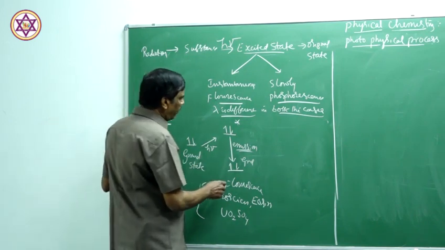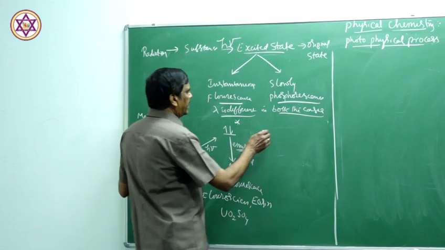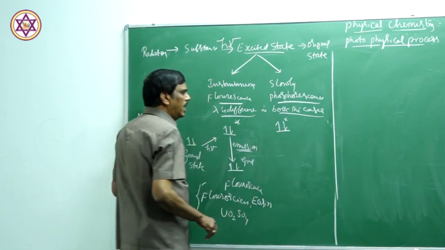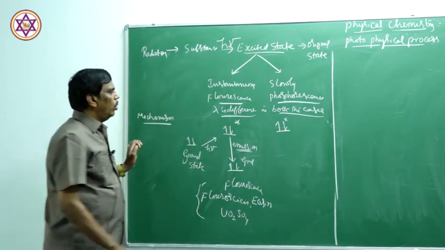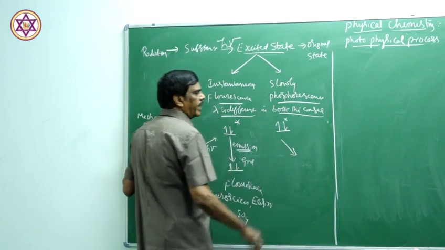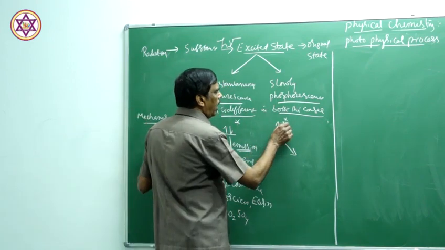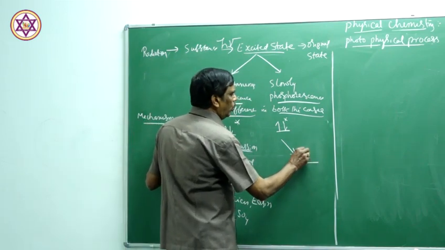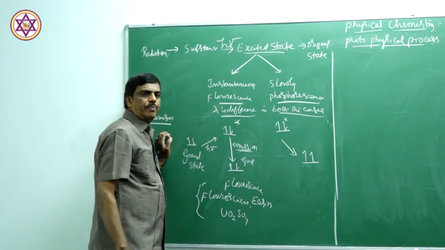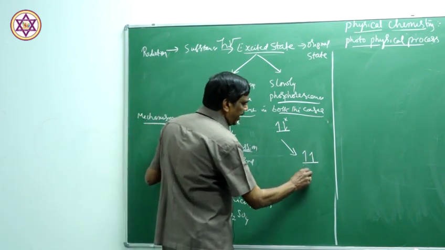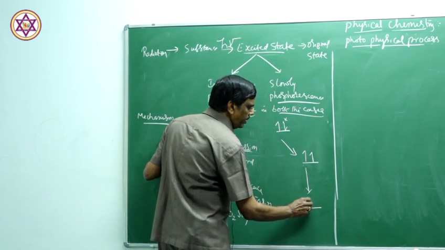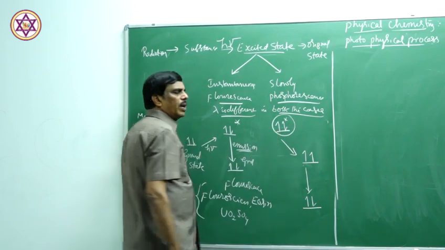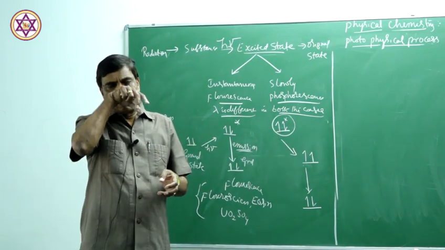Whereas, in the case of phosphorescence, the excited electrons undergo a change in their state. The spin of the electrons changes to the same spin, and again the spin changes to come to the ground state. Therefore, this excited pair of electrons undergoes a change in spin.